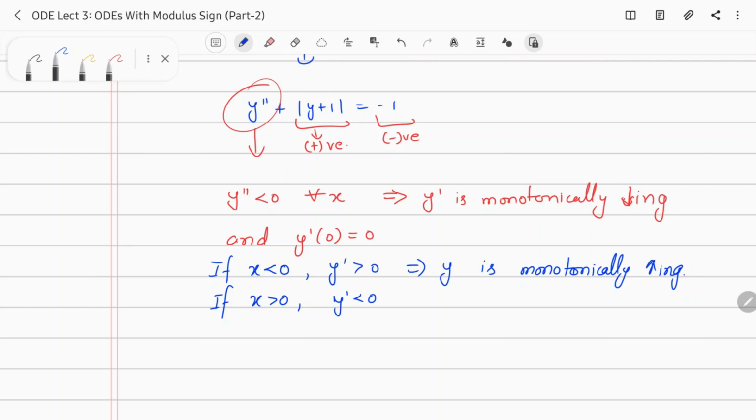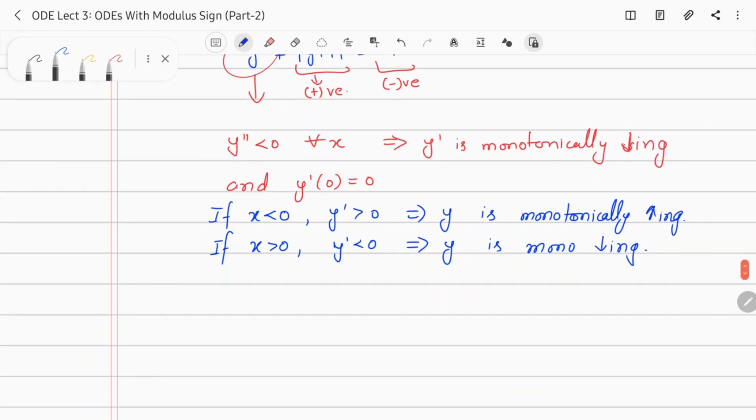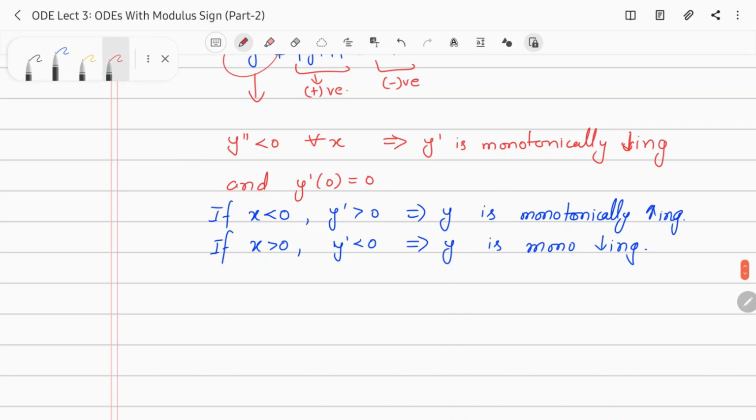Because y' is decreasing, so for positive values it will be less than 0. So in that case y will be monotonically decreasing, right?